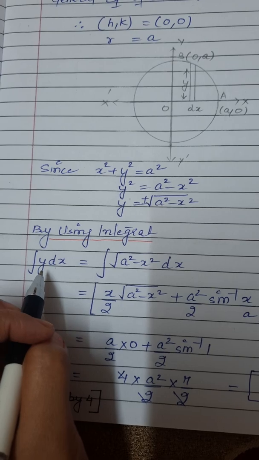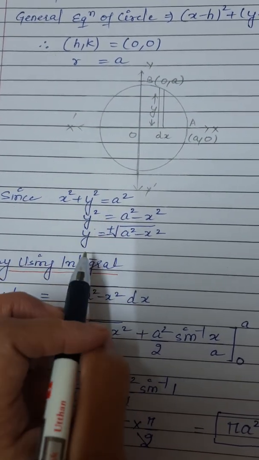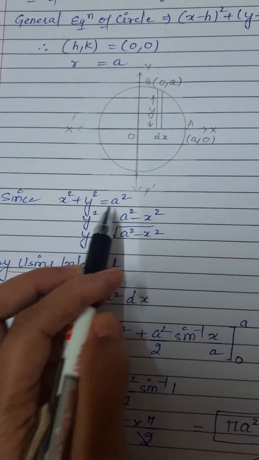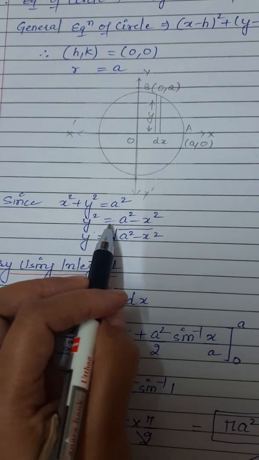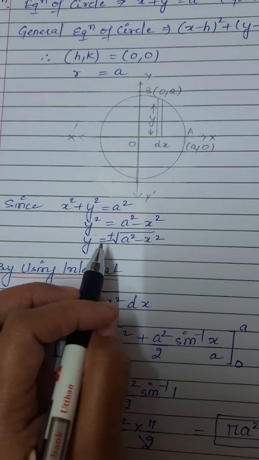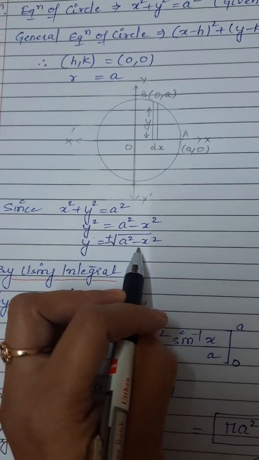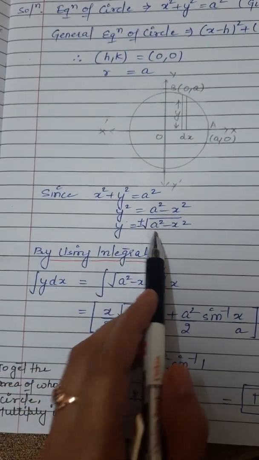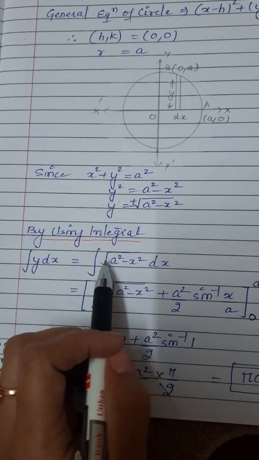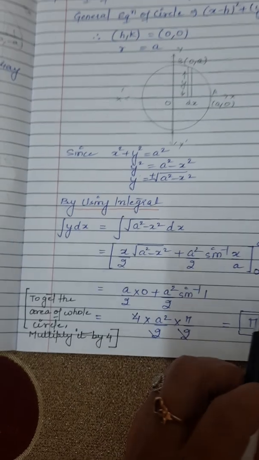You can find out the value of y with the help of the given equation of the circle. x square plus y square is equal to a square. y square is equal to a square minus x square. And the value of y becomes equal to plus minus under root a square minus x square. Now put this value here. Your question becomes integral of under root a square minus x square dx.